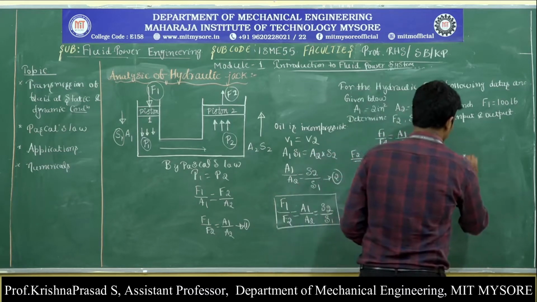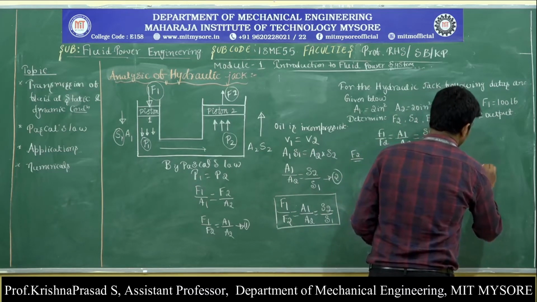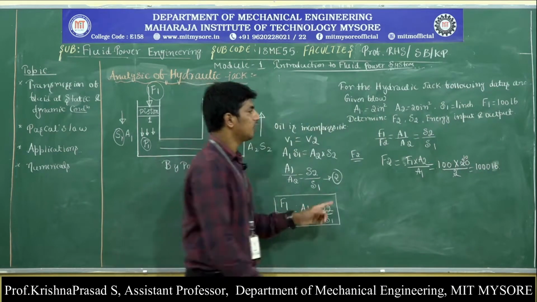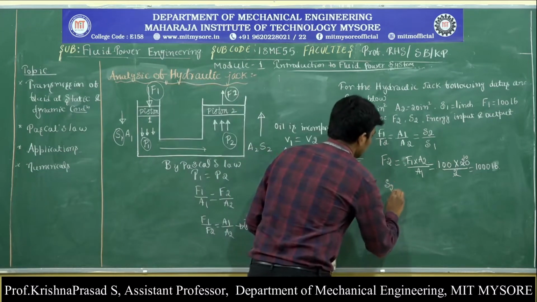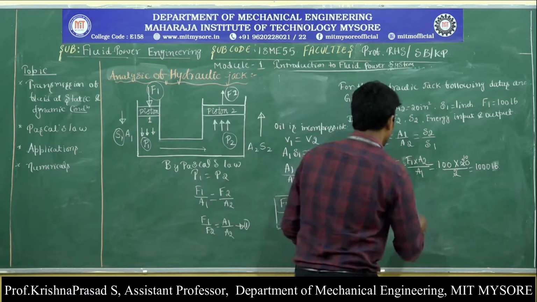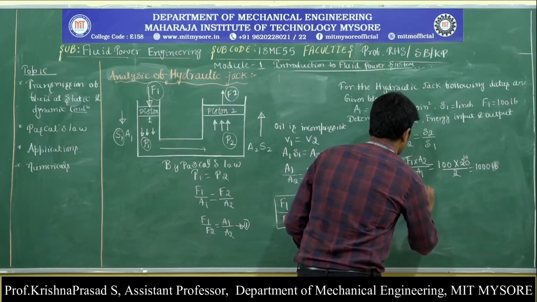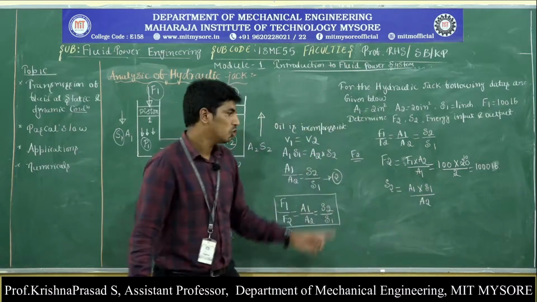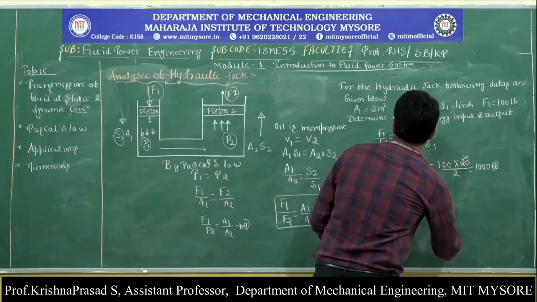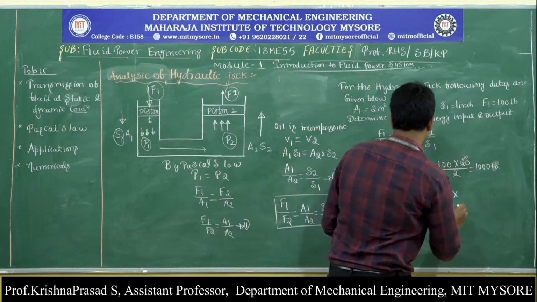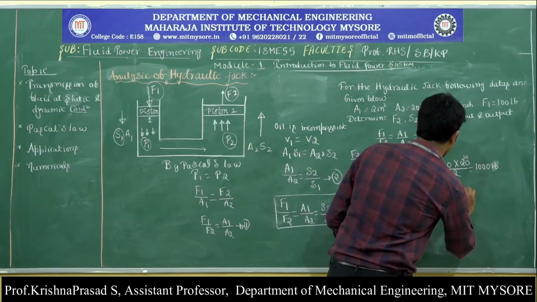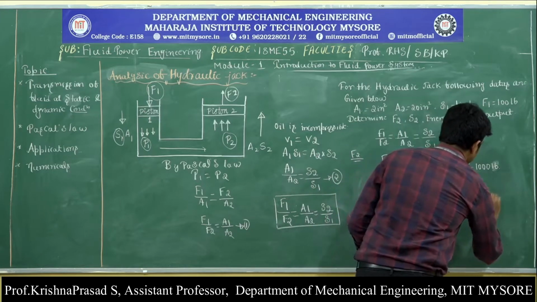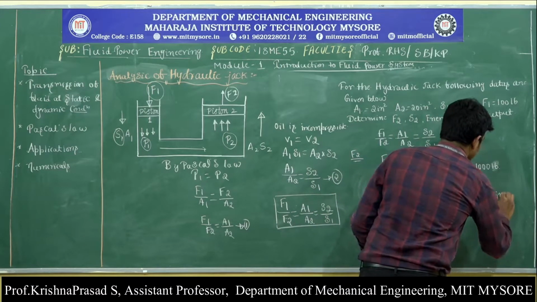So it becomes 1000 pounds. Similarly, I need to calculate the displacement S2. S2 is equal to A1 into S1 by A2. Here A1 is 2, S1 is 1 and A2 is 20. By solving this we get 1 inch.